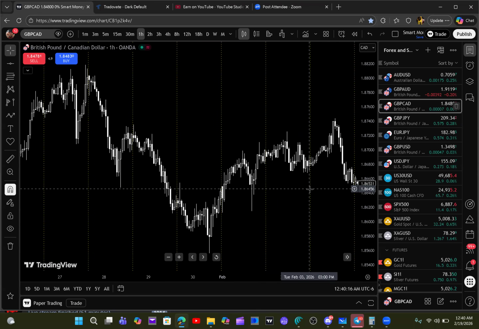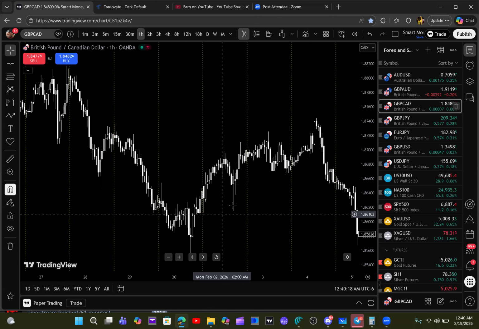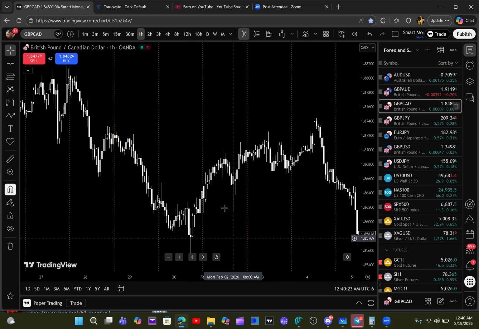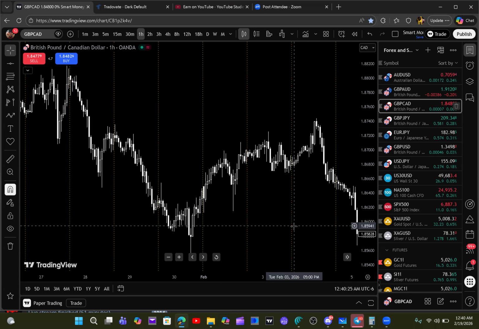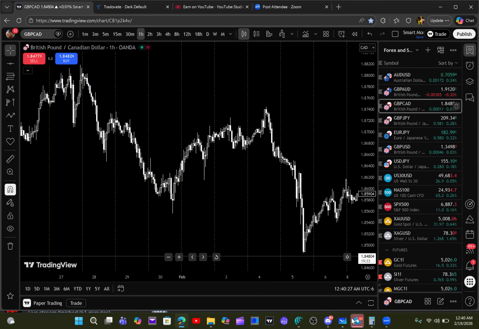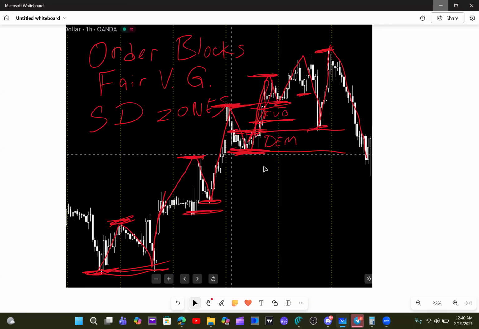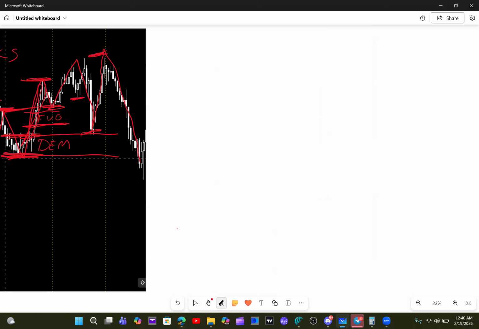I could go a little bit deeper into the internal range and external range liquidity, but I'm going to save that for another video. Another thing too, you guys saw me drawing when I did my drawings, I would go like this.